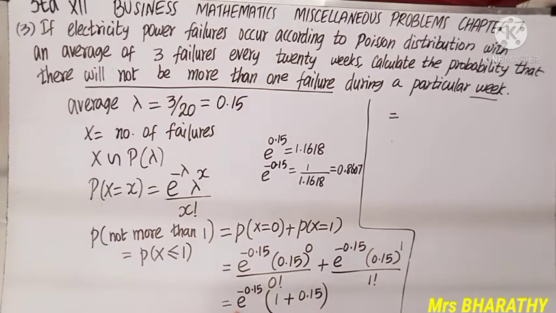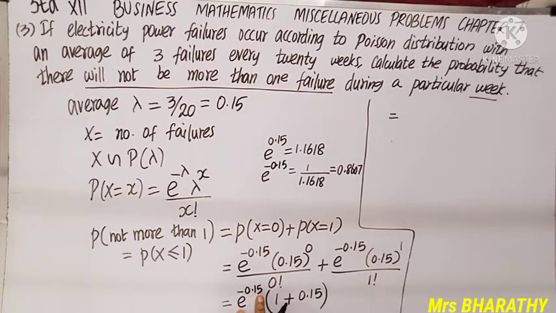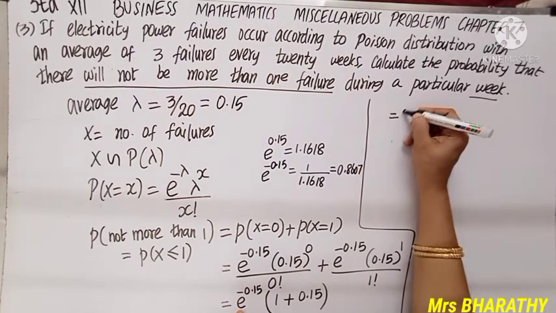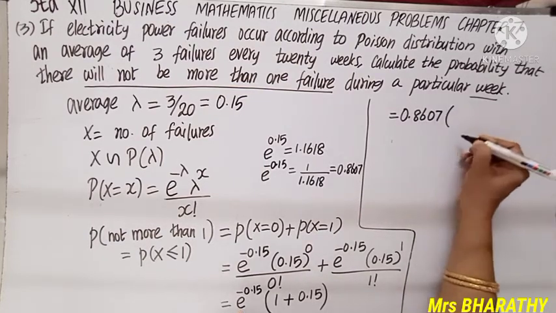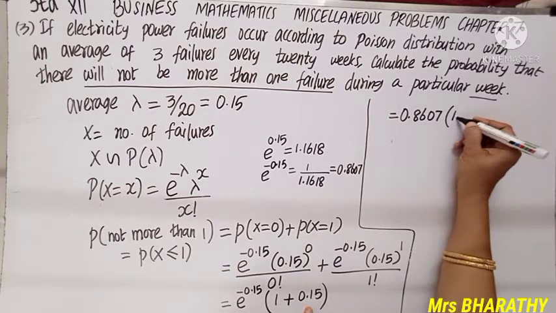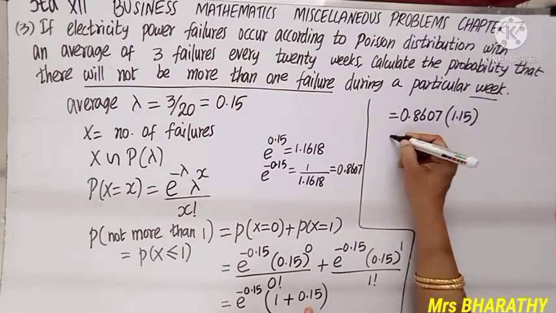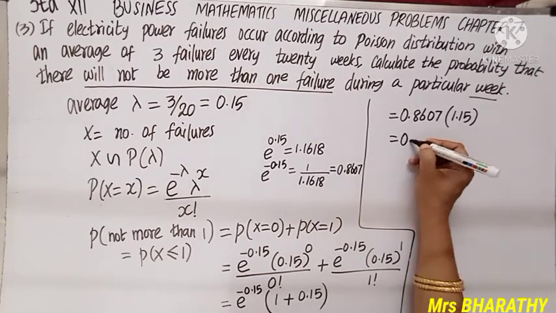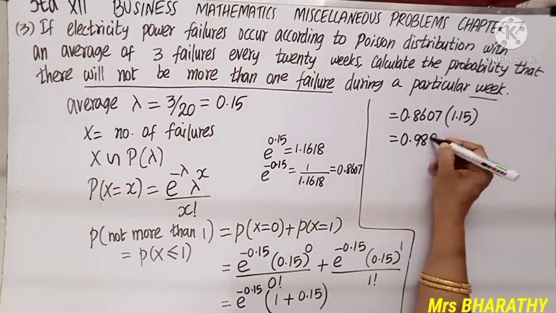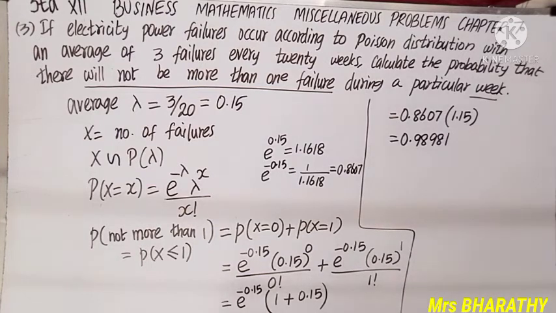0.8607. Let us substitute the value for e power minus 0.15 as 0.8607 into 1 plus 0.15, which is 1.15. Just multiply and we get the answer 0.98981.